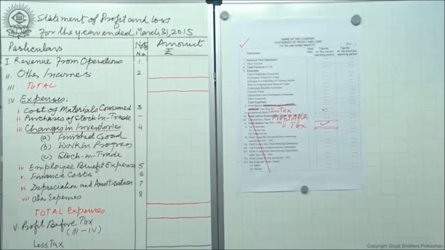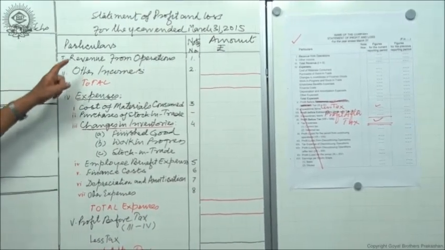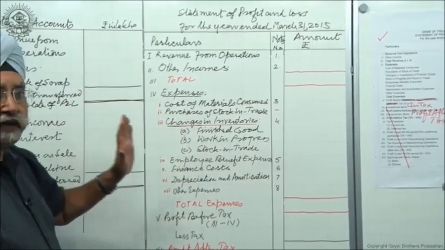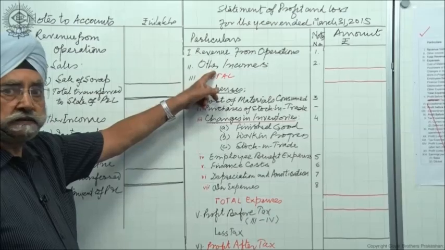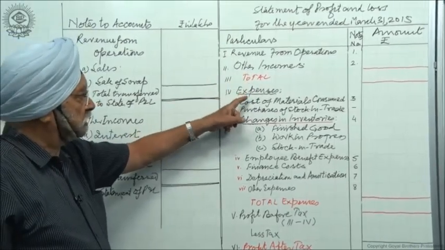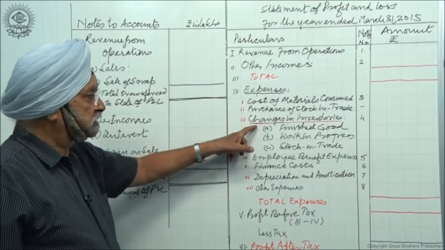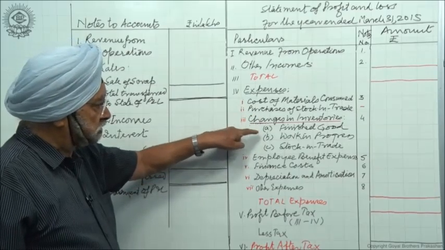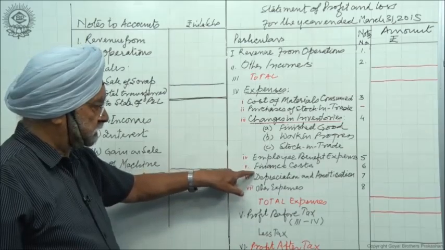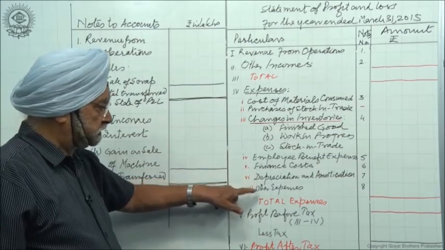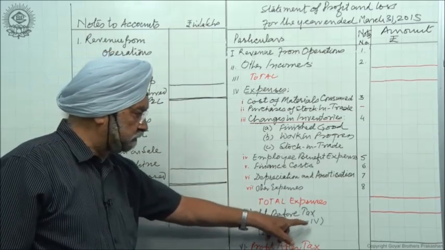So my dear students, one thing more I tell you. Hear this, I have noted down the entire pro forma as it is there in your course. This is revenue from operations, other income, that total, expenses, cost of material consumed, purchases of stock in trade, changes in inventories, 3, finished goods, work in progress, stock in trade, employee benefit expenses, finance costs, depreciation, amortization, other expenses, total of expenses, then profit is 3 minus 4.